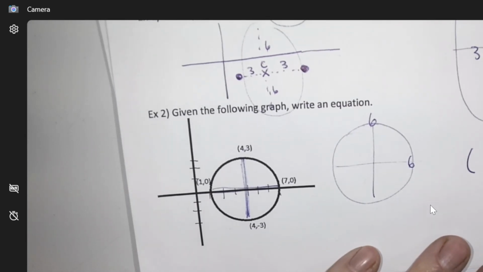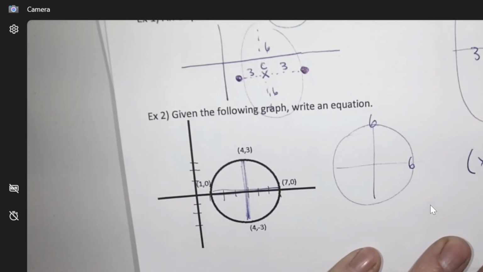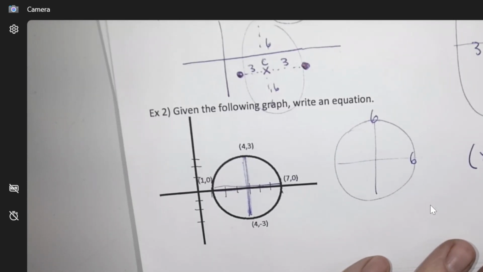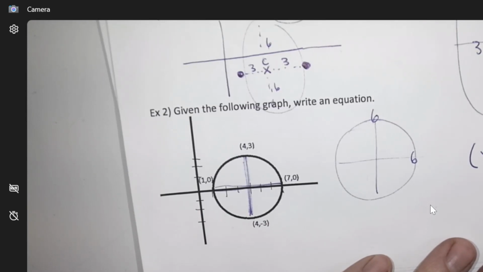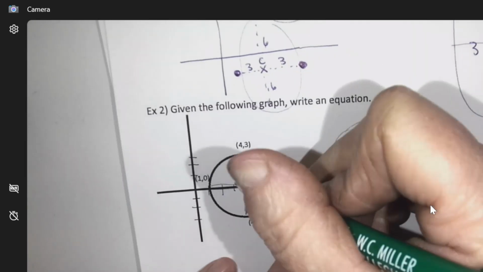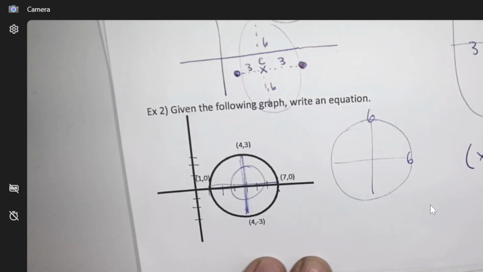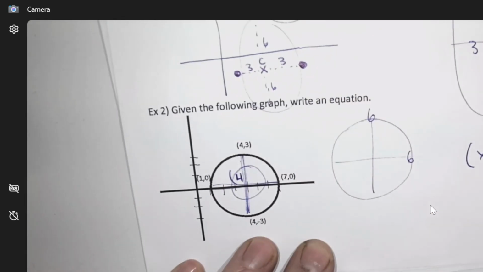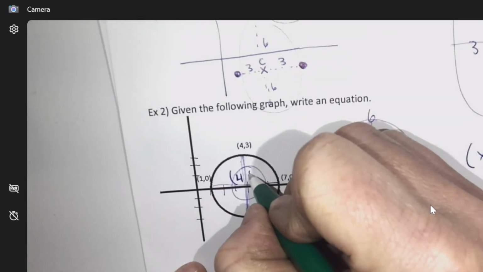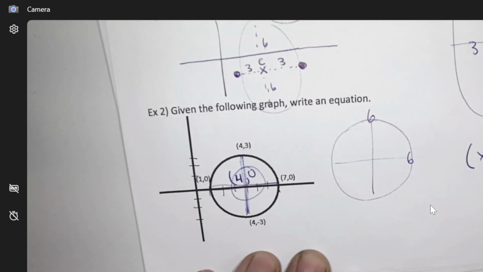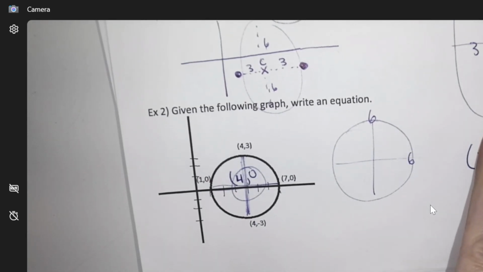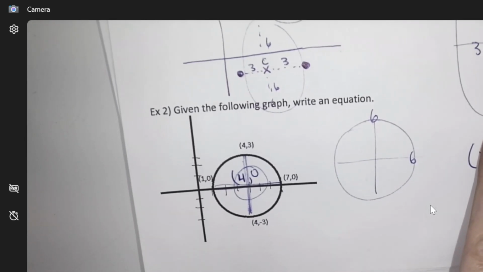So my formula for a circle, okay, what's the coordinate of the center? It should line up with a 4, comma, 0, right? So I don't have anything with the y then.